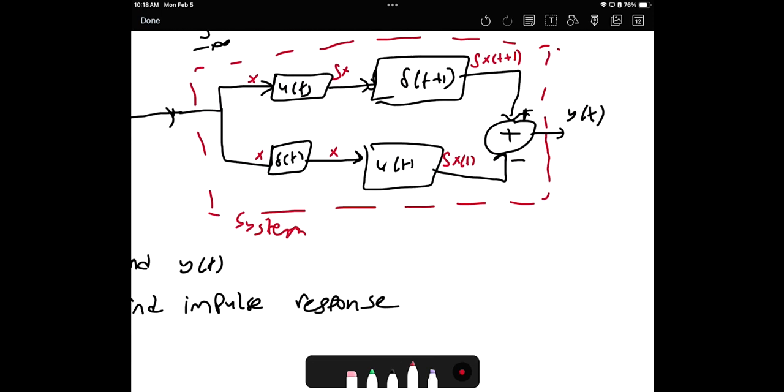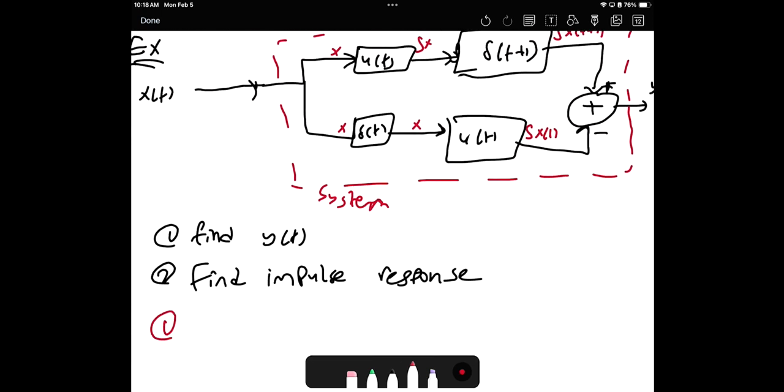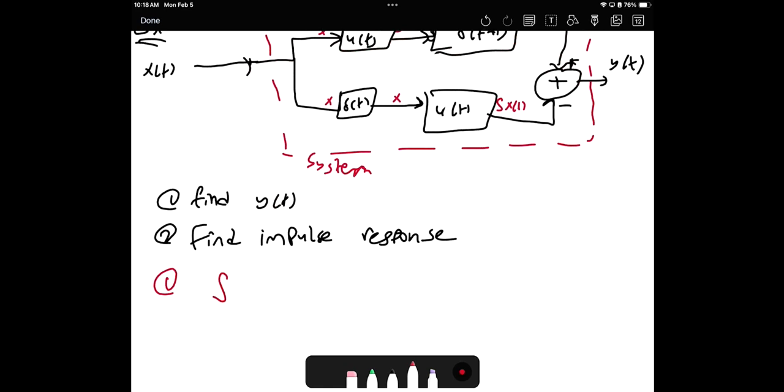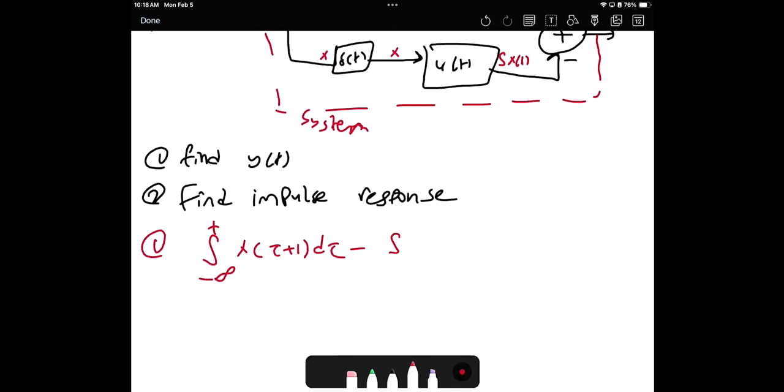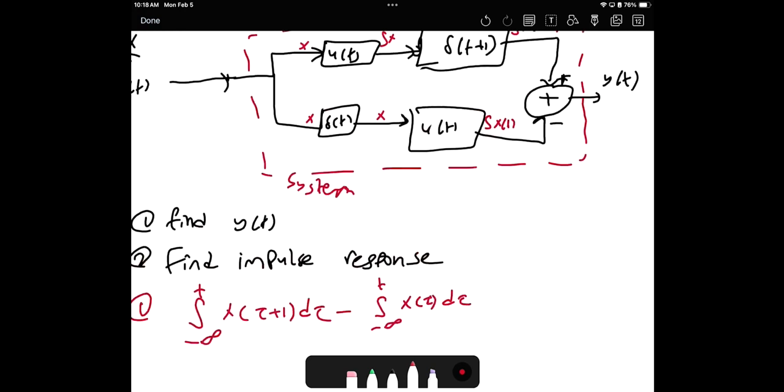So in summary, we will say for number 1, it will be the integral from negative infinity to t of x of tau plus 1, d tau, minus the integral from negative infinity to t of x of tau, d tau. Okay? Is this clear?